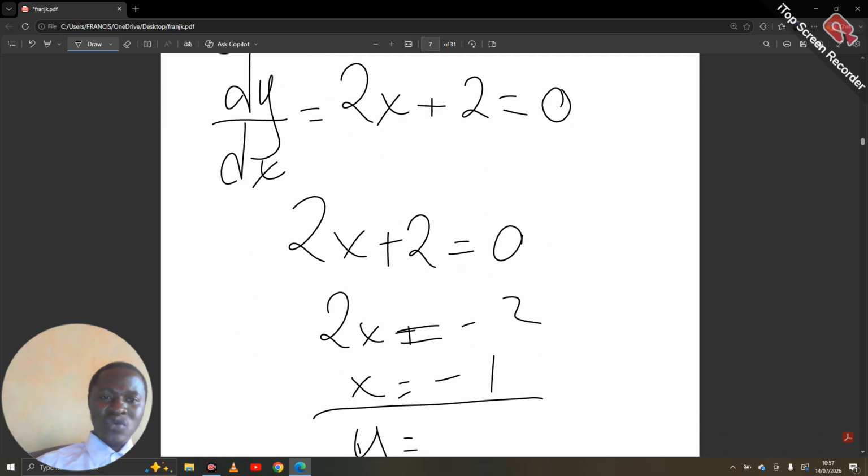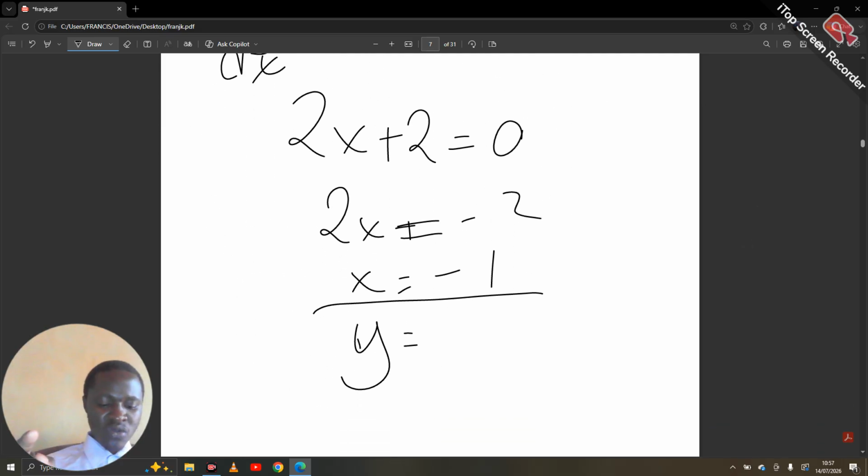I just substitute. Remember what I'm doing? I am getting the stationary point. That is why you are seeing me getting the value of x and now trying to obtain the value of y. I'm trying to get the stationary points of the curve.